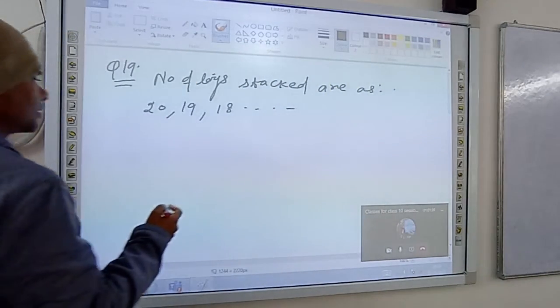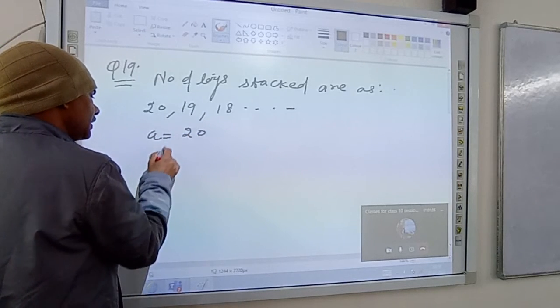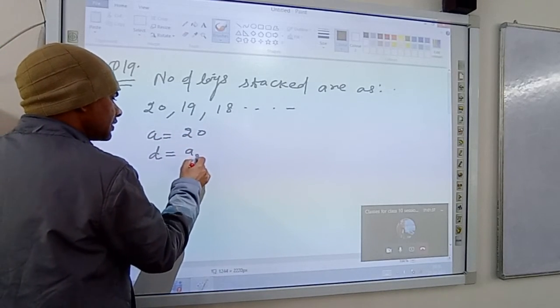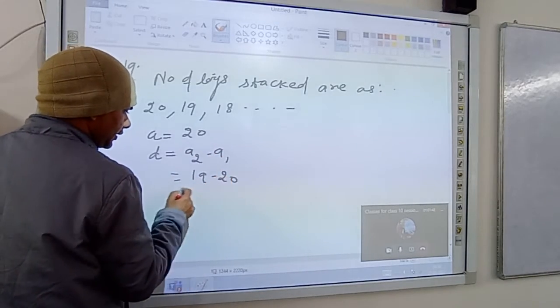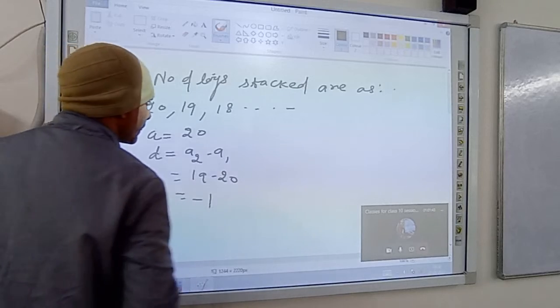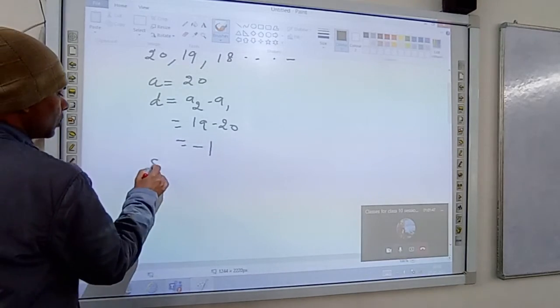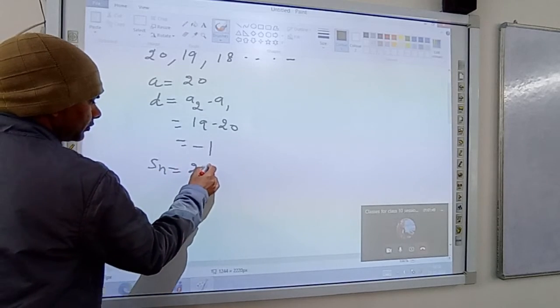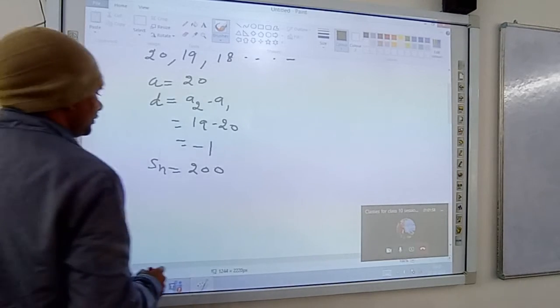Now a is 20, d is a2 minus a1, 19 minus 20, that is -1. Sn is 200 logs. Now apply the formula of Sn and find the value of n.